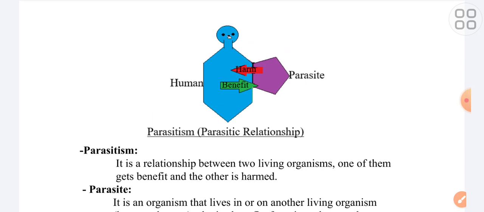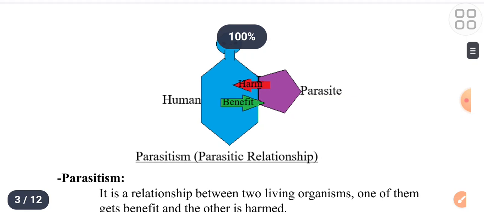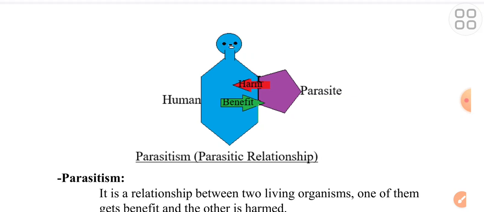These are summarized in the figure. The big figure represents human, and the small one represents the parasite. You see in this relationship, the green arrow that exemplifies the benefit is going from human to the parasite.